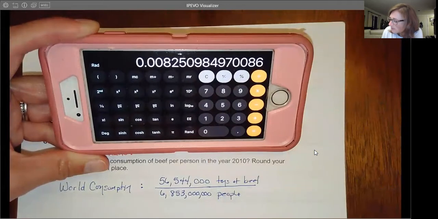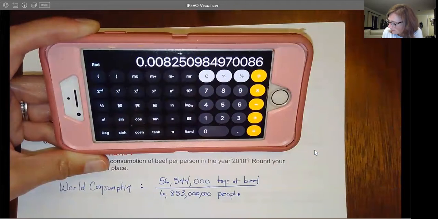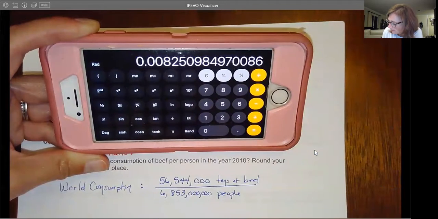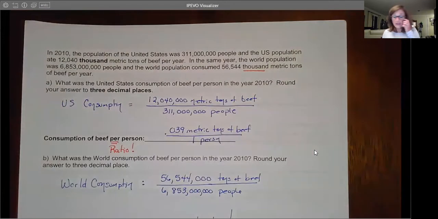So to 3 decimal places, 0.008 metric tons per person. So it looks like, in general, that the US consumes a lot more beef compared to the worldwide consumption.